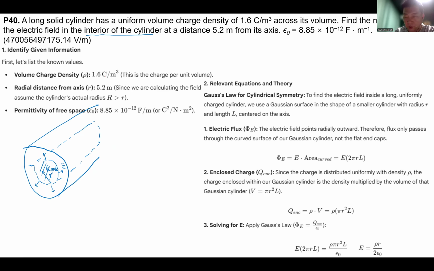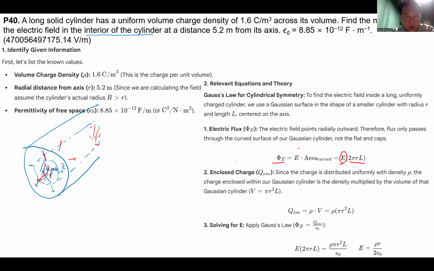In this case, the electric field is always orthogonal to this. So at the top and the bottom, your normal vector is orthogonal to the electric field. There is no contribution. So only the side surface, which is 2 pi rL, is contributing to the electric flux. And this is the electric flux, E times 2 pi rL.